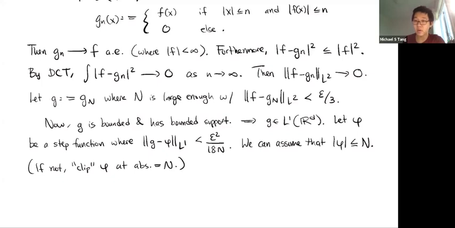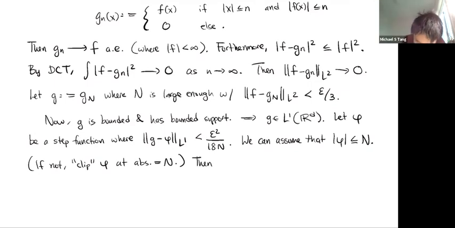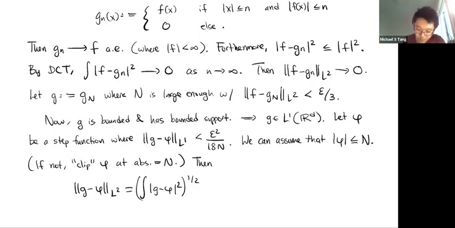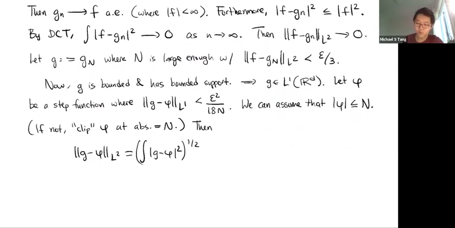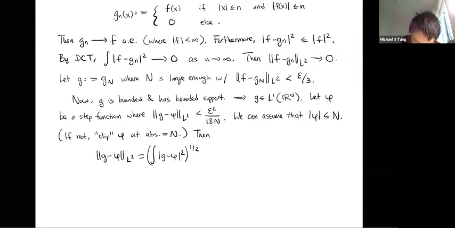And we want to prove something about how close they are in L2 norm. Well, we can do it like this. The difference between them in L2 norm, by definition, is the integral of |G minus phi| squared, to the 1/2. We can take one copy of |G minus phi| and replace it by 2N, because they're both bounded by N. So this is at most the integral of 2N times |G minus phi|, to the 1/2.